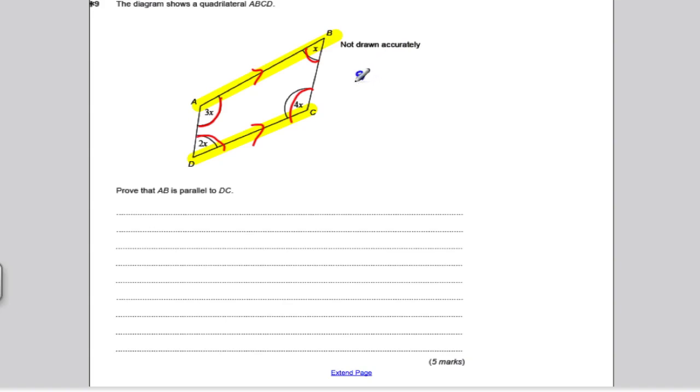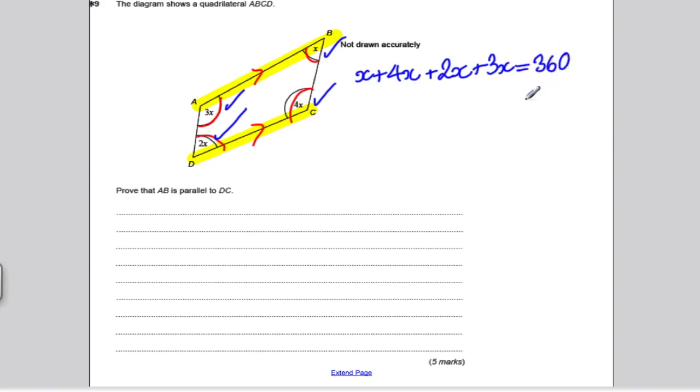Okay, so x plus 4x plus 2x plus 3x must add to 360. Angles in a quadrilateral always add up to 360.